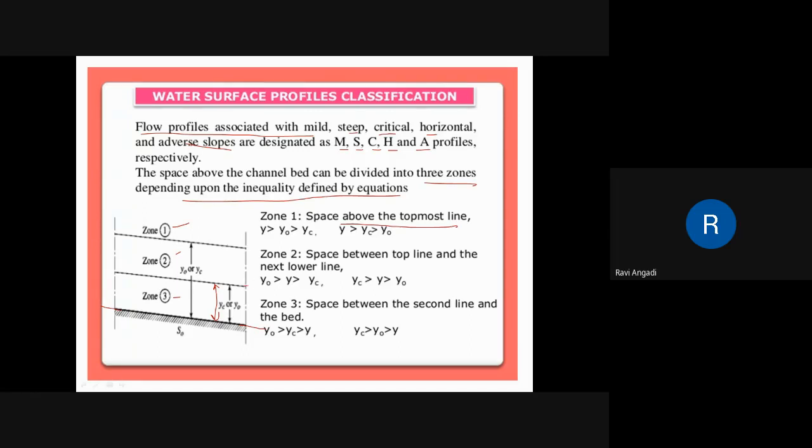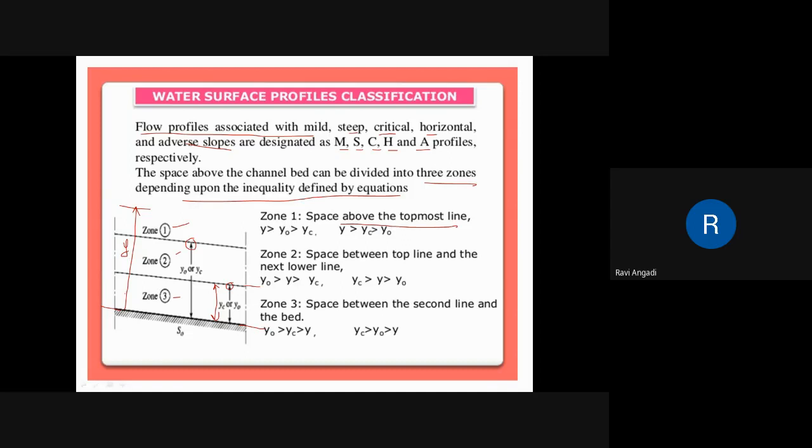That's why it is mentioned here. The critical depth of flow may be up to here, or it may be here also. Depending upon these two positions, suppose Y is greater than Yo, whatever the flow you are getting, suppose this is the depth of flow Y I am taking here. I hope you're understanding.